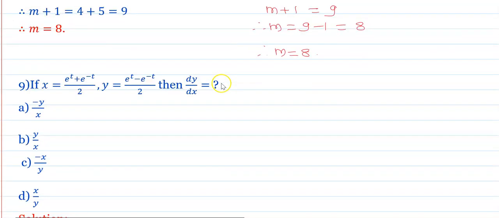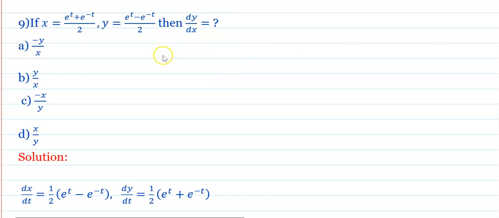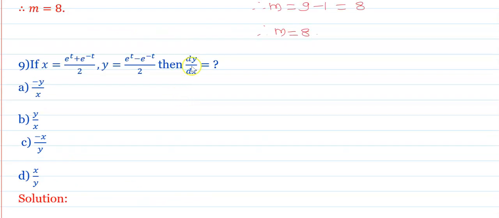Okay. Now the next question. If x is equals to (e raised to t plus e raised to minus t) upon 2, y is equals to (e raised to t minus e raised to minus t) upon 2, then dy by dx is equals to question mark. Now we find out their derivatives. First dx upon dt.